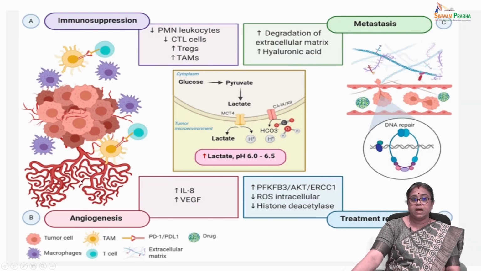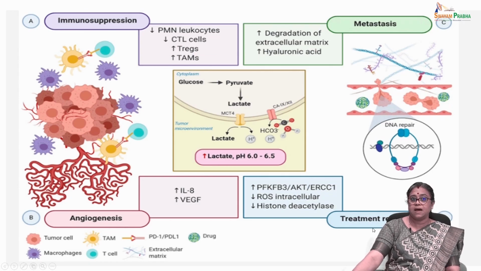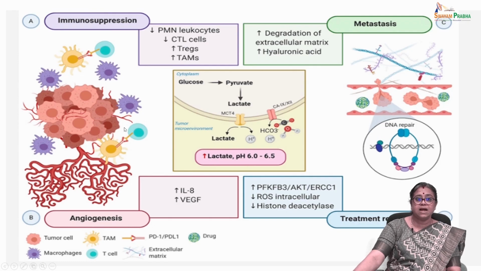Similarly, in a tumor environment, there can be a lot of changes pertaining to immunosuppression, pertaining to angiogenesis, pertaining to metastasis and treatment resistance. So let us understand how these things happen. Within the tumor microenvironment here, as I showed you, here there are the tumor cells. Now these are the new blood vessels. You have the macrophages, and then you have the tumor associated macrophages and the T cells interacting with the TAMs.